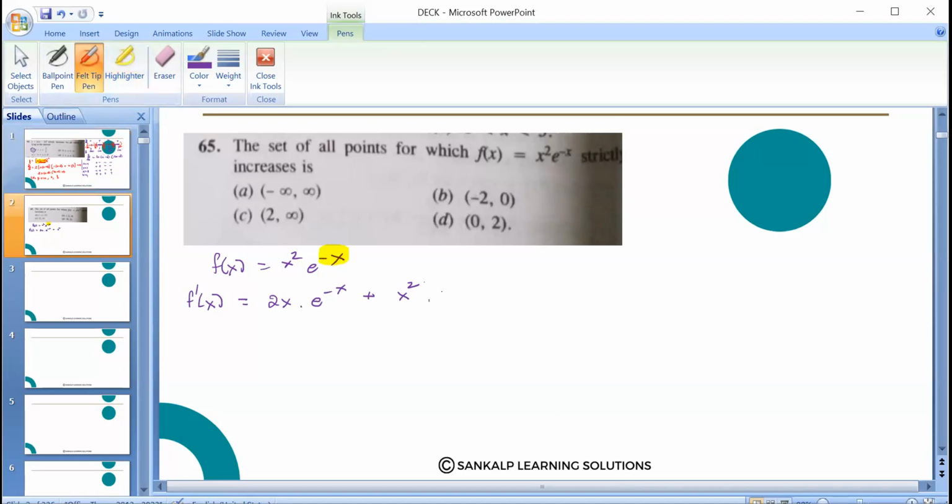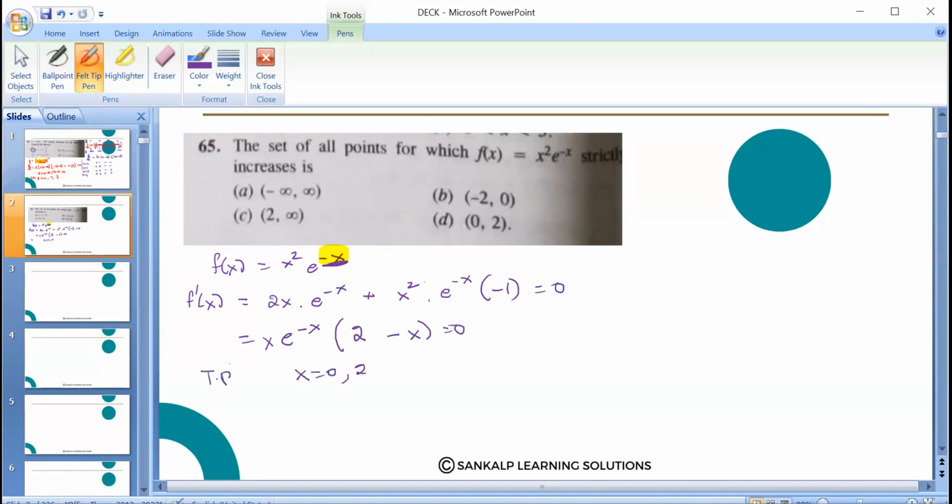E power x derivative is e power x, but the derivative of minus x is minus 1. So you have to make it equal to 0. Take out e power minus x and x common. Left is 2 minus x equal to 0. So x is 0 and 2.